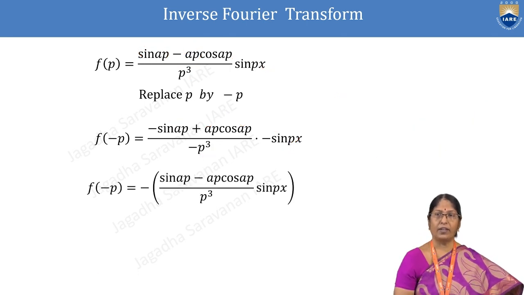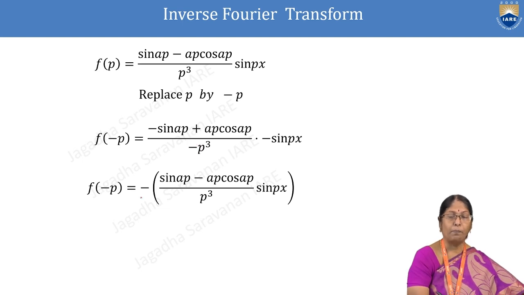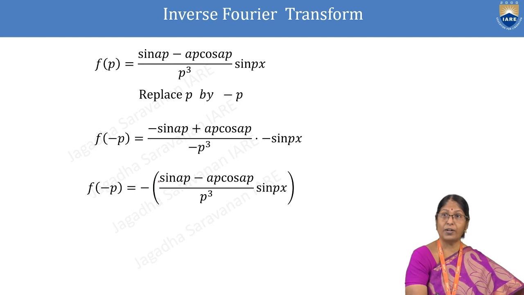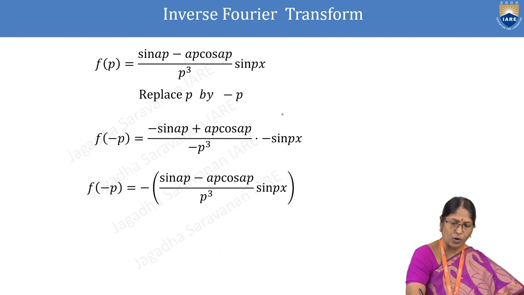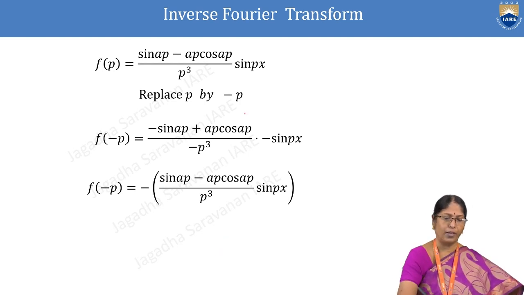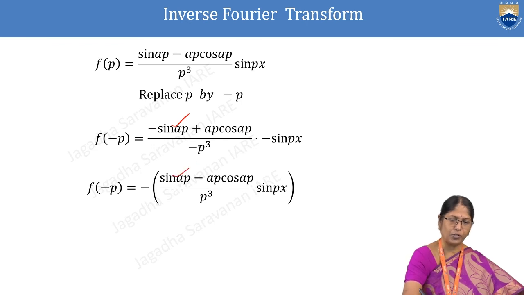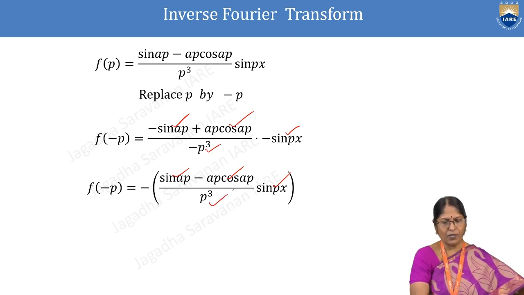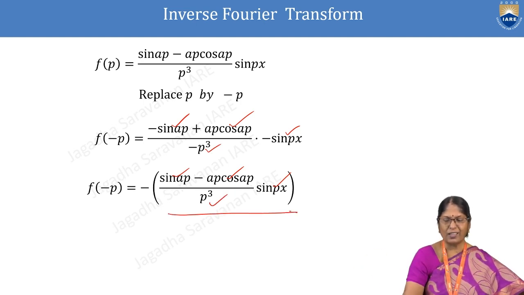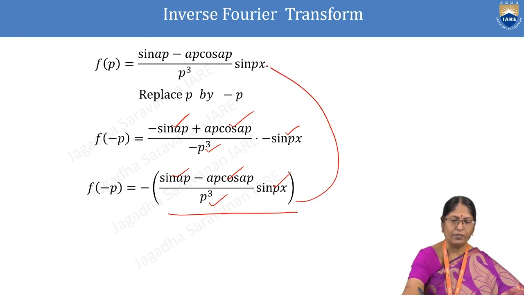The next thing, in these terms, we have taken minus out. Once we take minus out, inside, whatever is there has opposite signs: negative, positive, positive, negative, and so on. But we notice that this is nothing but our given function.